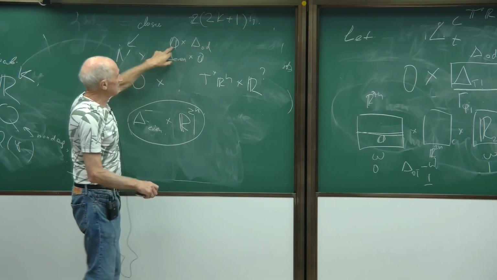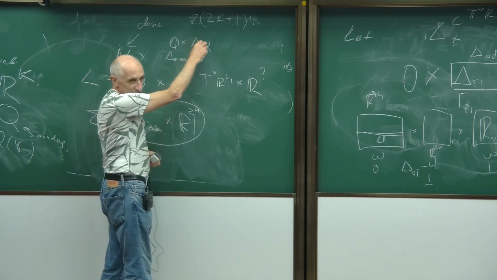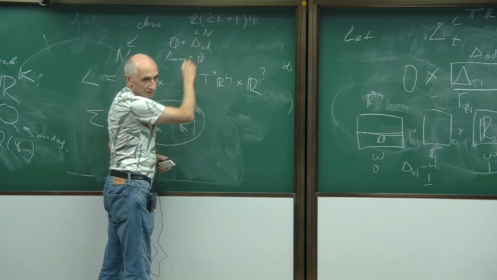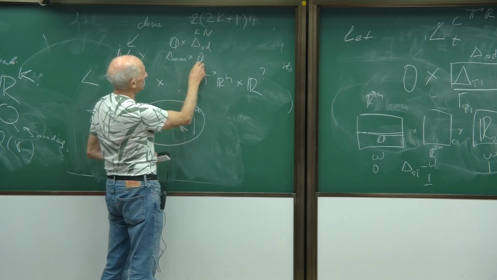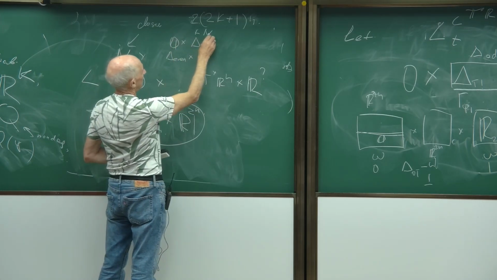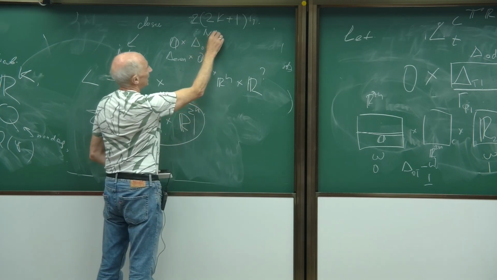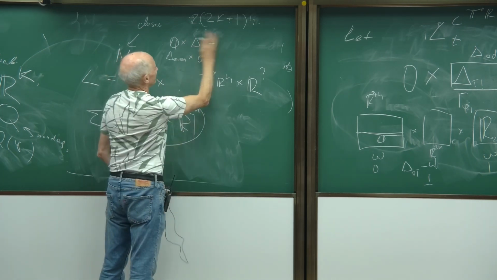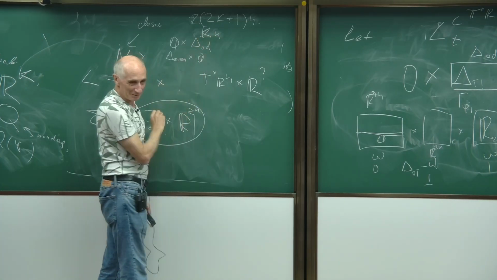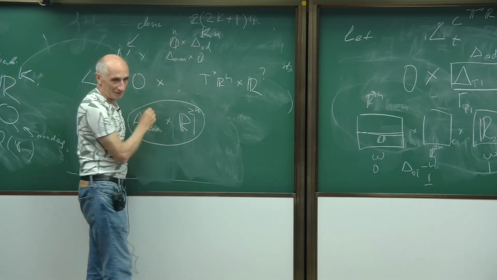Now these two spaces also have a dimension. This has a dimension kn, and this has a dimension kn, capital N. And this one also has dimension n.